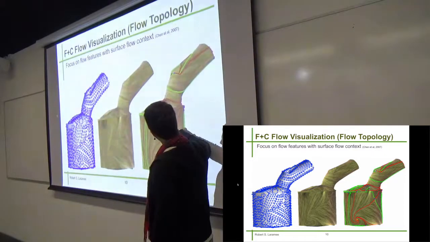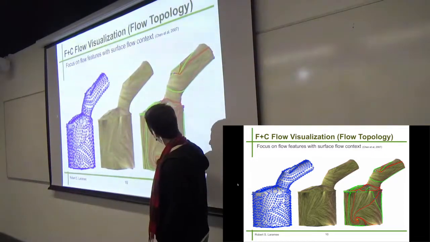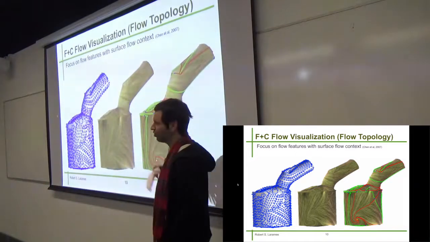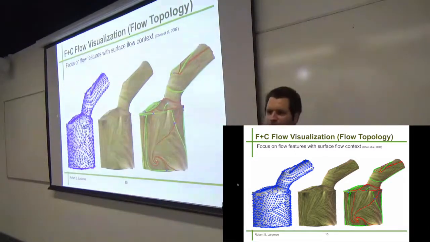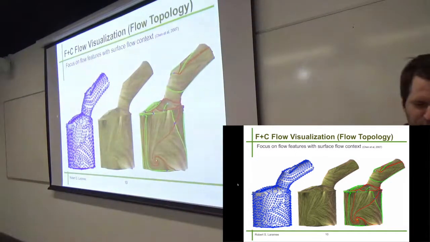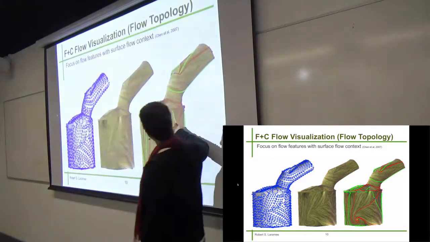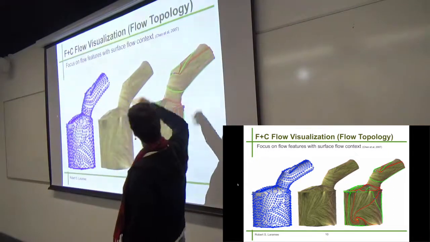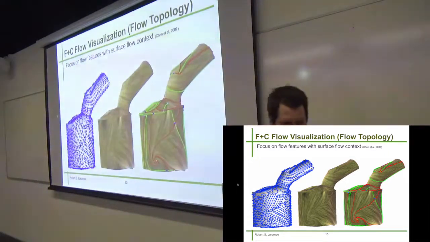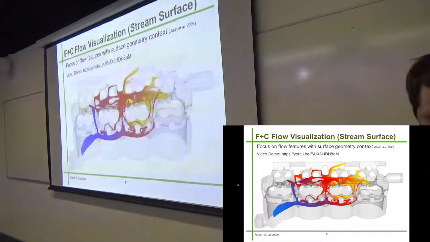So the focus are these streamlines that connect critical points, and then the texture serves as context information. So it's a flow focus and context style. These connections are also called the flow topology. No video with that one.